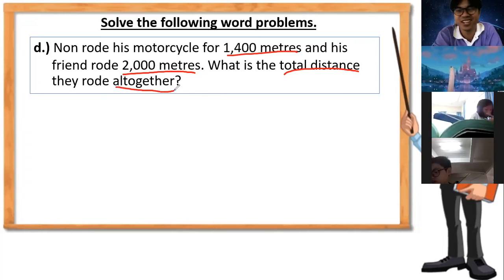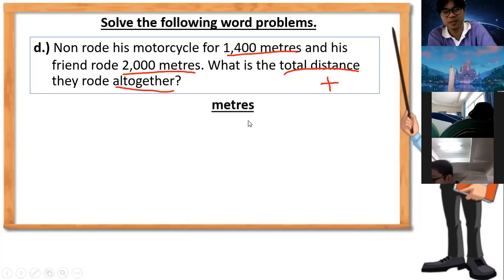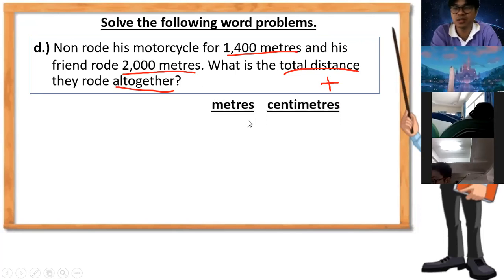What do you think? Plus, minus, times, divide. Very easy. Yes, plus again. Why? Because we need to find out the total meters all together. Okay. The same pattern, just copy the pattern based on the sample there in your book.